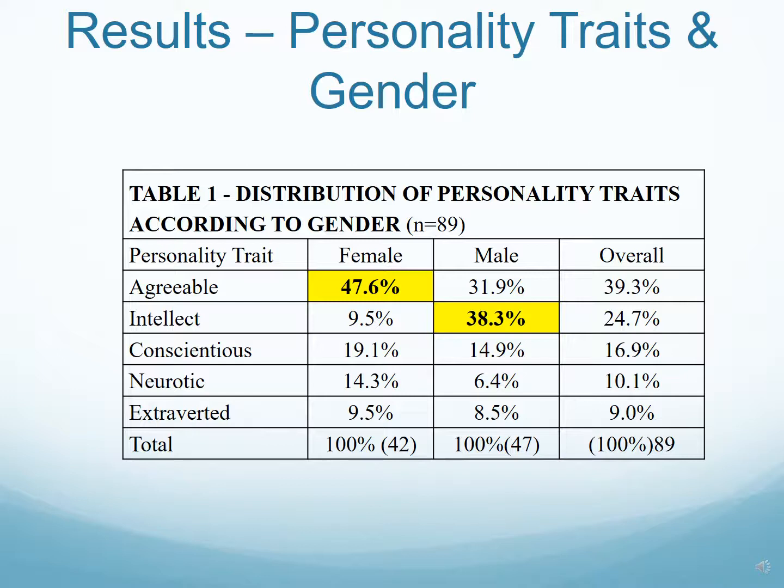If we compare this 38.3% for males to females at only 9.5% for the intellect, we find a very big difference. And this difference is shown everywhere in all the categories. A chi-square test of independence between personality traits and gender has been conducted, and we find that traits of personality and gender are not independent.